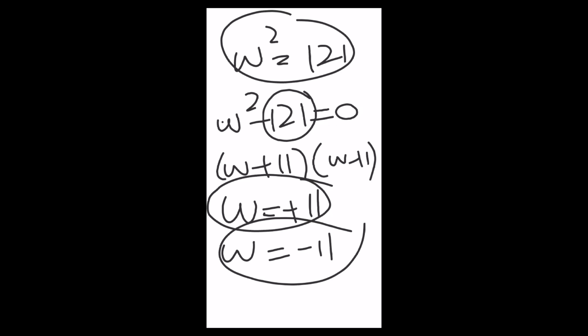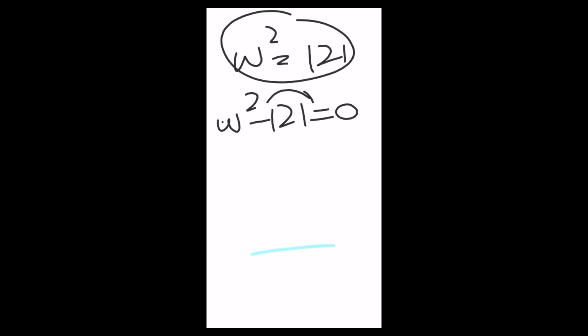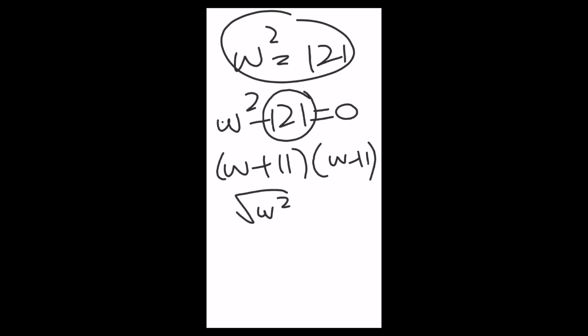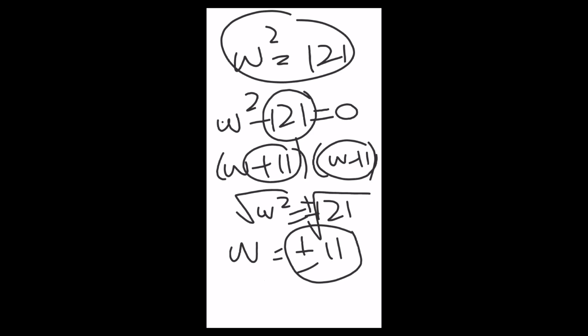One thing more which I really want to clear in this example: I could have solved the equation more simply. Wait, let me clear this. In this example, I could have simply taken the square root of 121, and I get w is equal to plus minus 11. See that plus 11 and this minus 11, they are the same, isn't it?